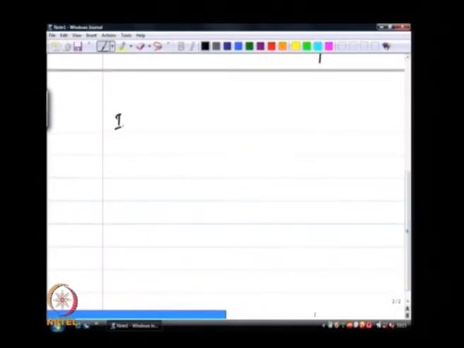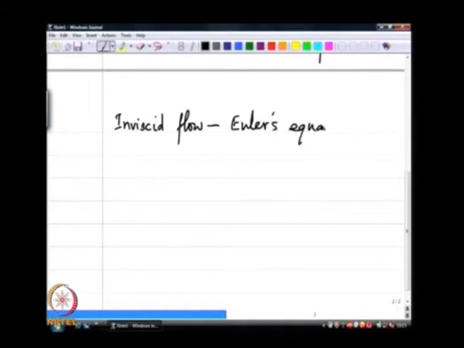Okay, and I am going to look at inviscid flow for now, governed by Euler's equations. So, if I write the Euler's equations in cylindrical polar coordinates, I will write the whole thing.